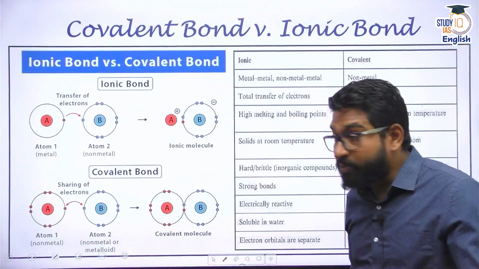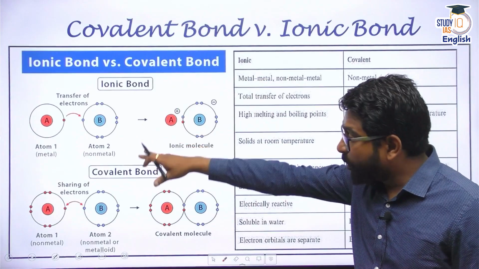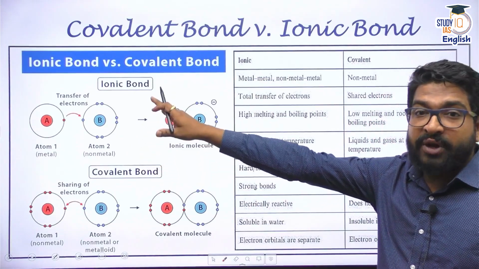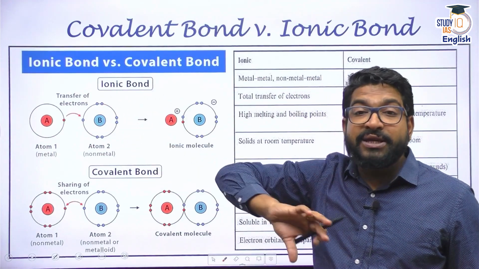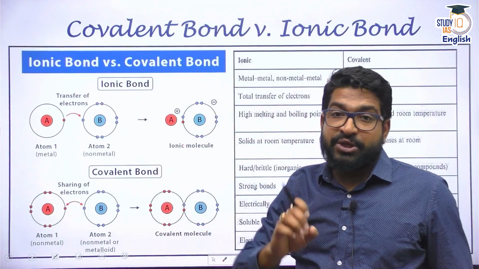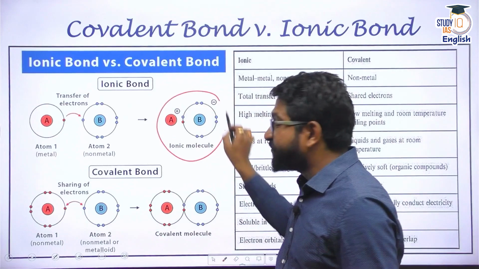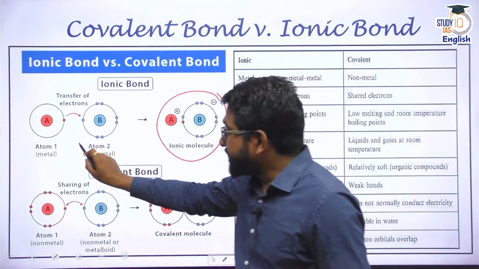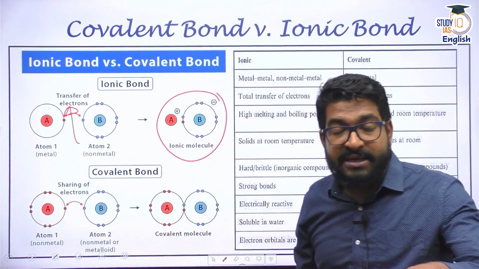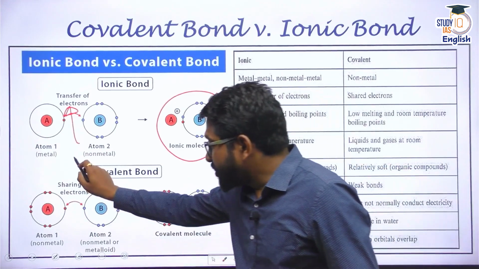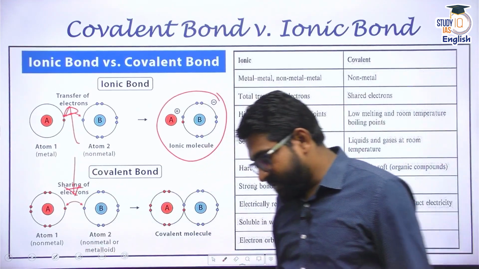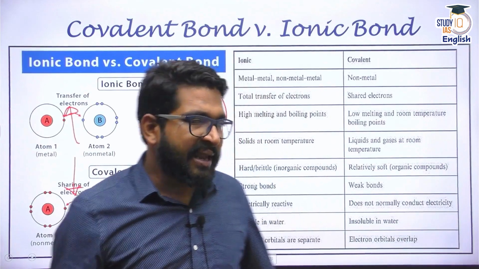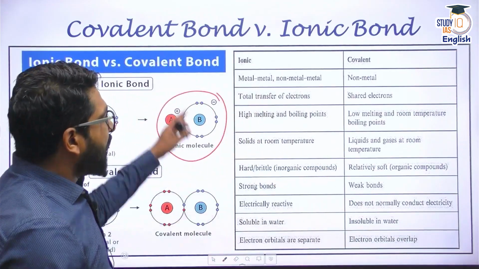Now we discussed ionic bond before as well. As I told you, an ionic bond is formed between two atoms when atom 1 and atom 2 transfer electrons to each other. Ionic bond is because of transfer of electrons, whereas covalent bond is because of sharing of these electrons. Please remember this. All right. Apart from that, there are some other characteristics which have been discussed here.